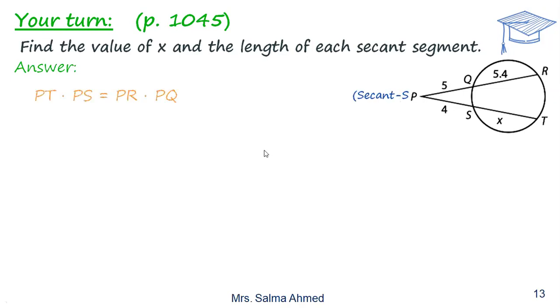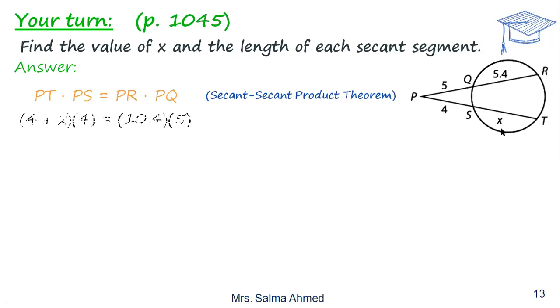So I'm going to use the secant-secant product theorem by substituting PT, which is 4 plus x, times the external part, which is 4, equal to PR, which is 5 plus 5.4, gives me 10.4, times the external part, which is 5. I'm going to distribute the 4 inside this bracket, so 4 times 4 equals 16, and 4 times x, 4x, equals, multiplying this, 52. I'm going to take 16 to the other side, so 4x equals 36, so x equals 9.